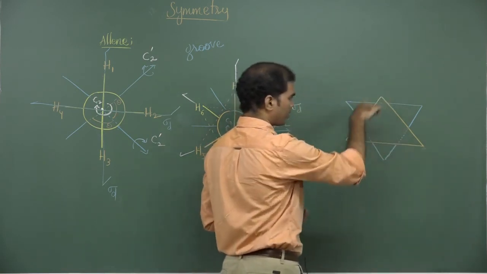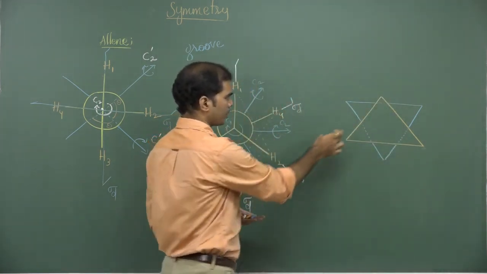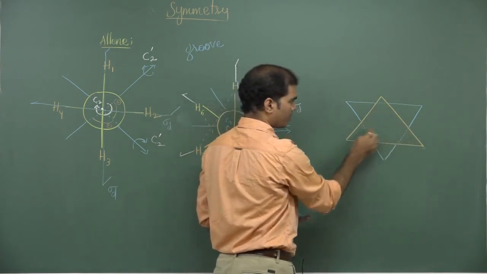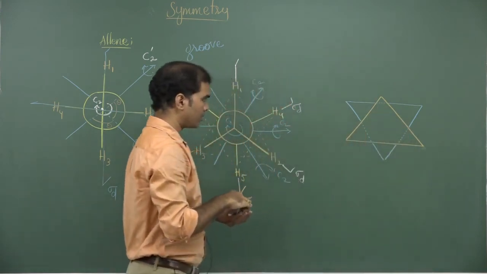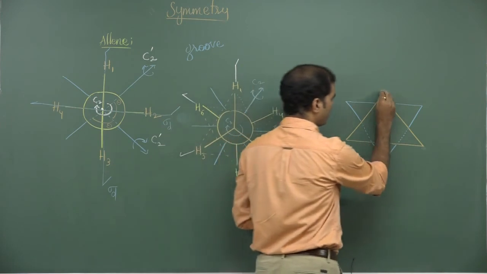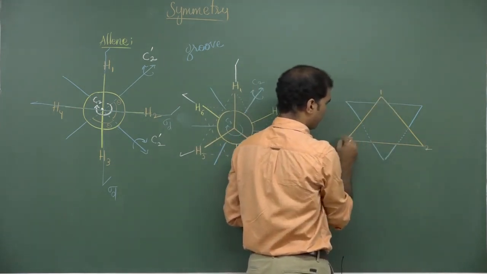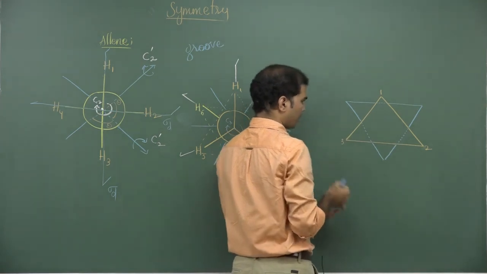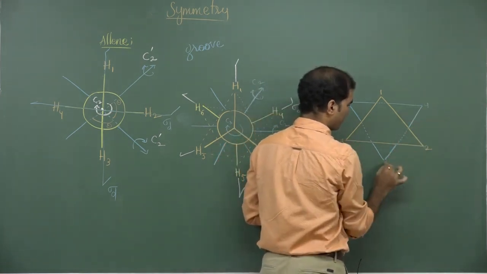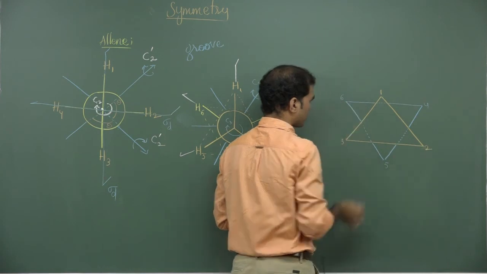The triangle towards you is fully solid, whereas this one I have represented by dotted lines. 1, 2, 3, I am simply numbering it as 1, 2, 3. They are hydrogens. And this was 4, 5, 6.